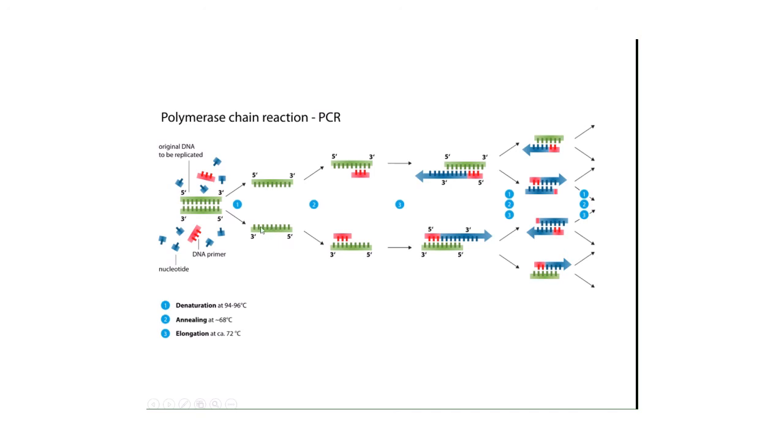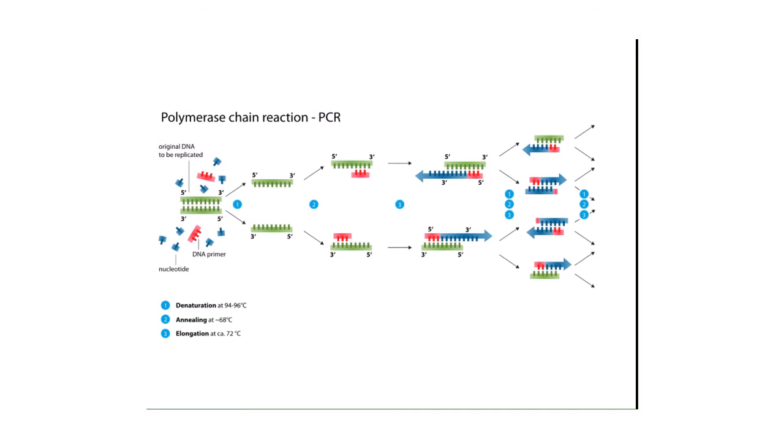That will separate the DNA strands, and then afterwards you would lower the temperature a little bit to allow the primers to bind to it. When you bring it down to about 68 degrees, the primers will bind, and then you will bring up the temperature a little bit to 72, just enough for the Taq polymerase to do its work.